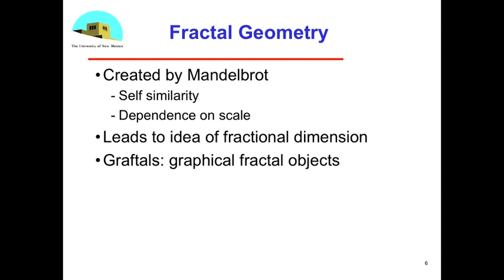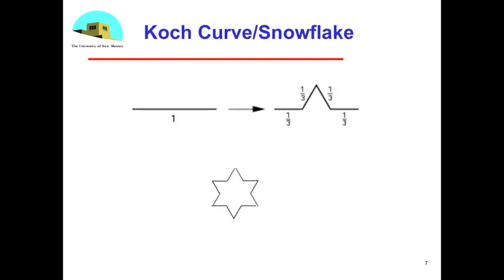So let's start with a simple one known as the Koch snowflake. In linear form on top, it's the Koch curve. If you close it on itself, it becomes the snowflake.